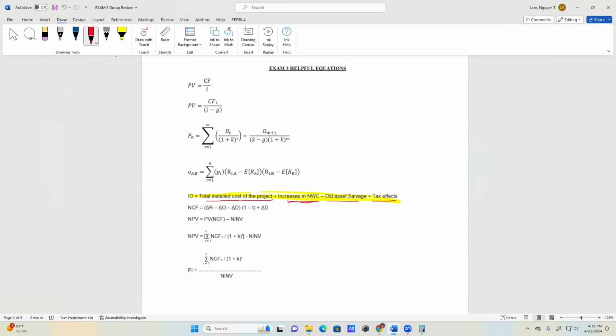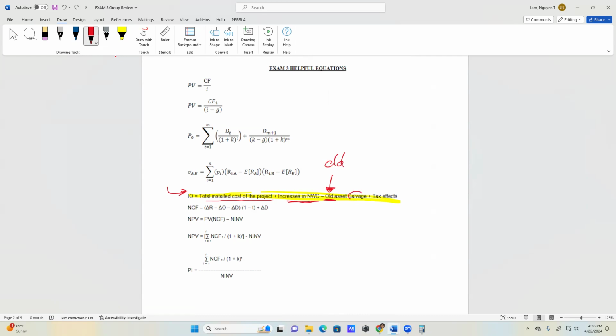Tax, old asset salvage. One thing to look for is anything that refers to old; that is used for initial outlay. So that is the keyword right there. Whenever you see something that says old, that is referring to the old asset salvage.